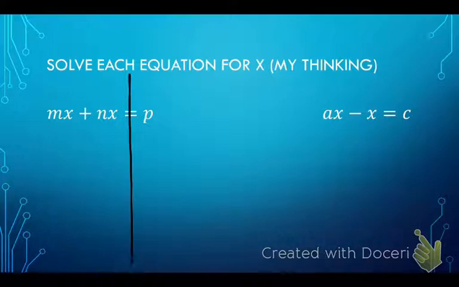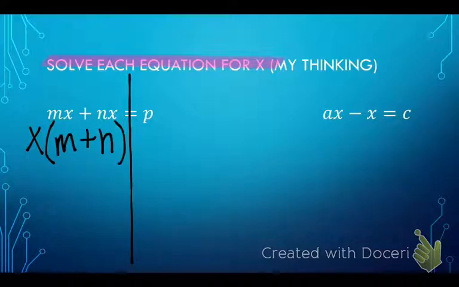So if I'm trying to solve for x, which is what it says up here, solve the equation for x, first I see I have two x's, so I need to factor my x's out. So x times what? Well, I would put m plus n, right? If I multiply that out, it would simplify to the top, equals p.